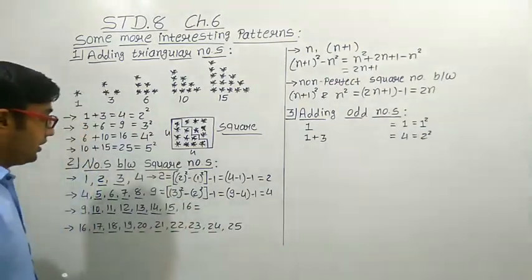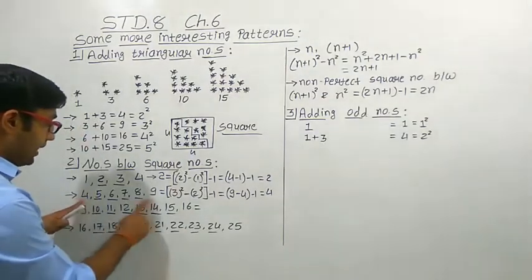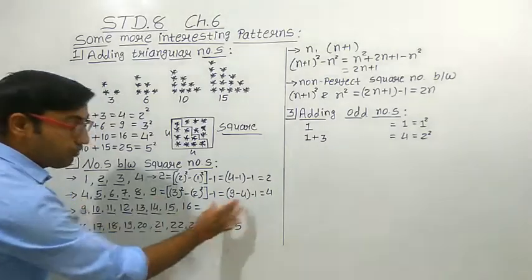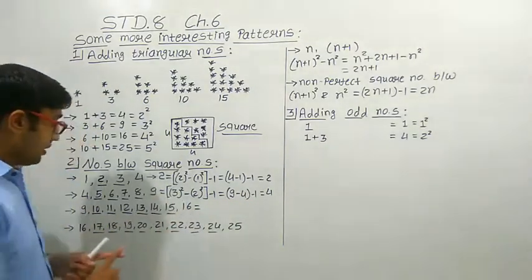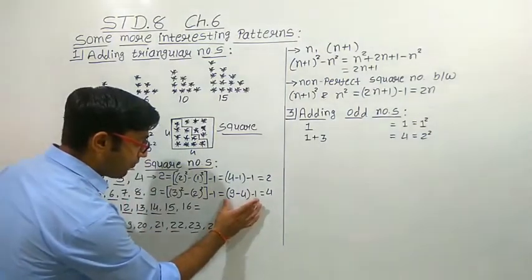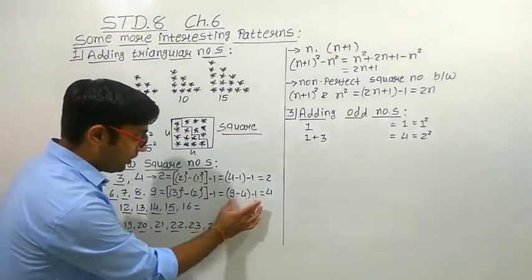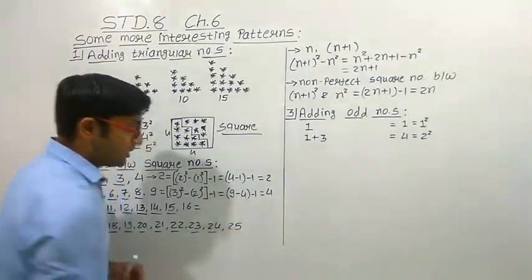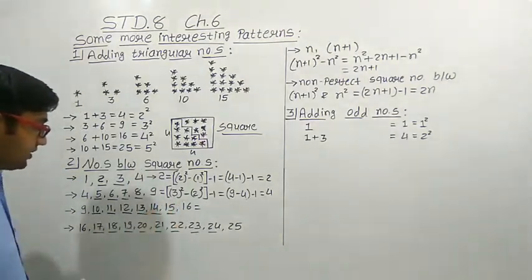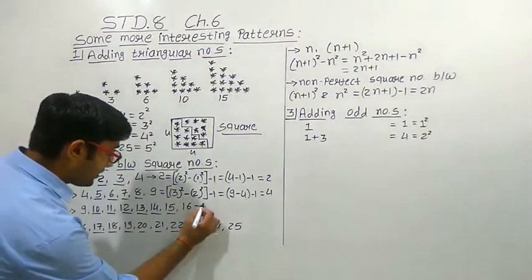Let us see, it will also happen here. See, 4 and 9 are the perfect square numbers. So when we subtract 9 and 4, what do we get? 5. But here the number we get is 4. So again we have to subtract 1. So when we subtract 1 here, we get 5 minus 1, that equals 4. Again now it is easy for you to calculate. See, here the bigger perfect square number is 16.